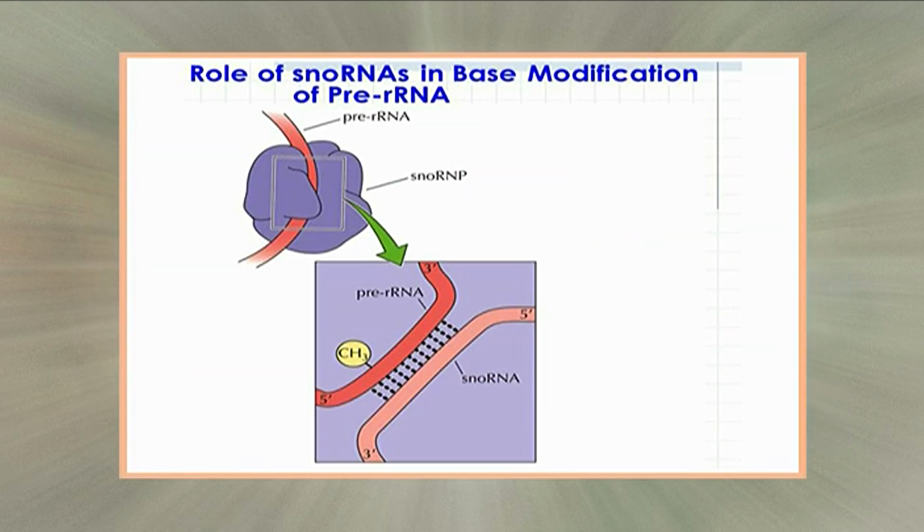Nucleoli contain more than 300 proteins and a large number of small nucleolar RNAs, also called snoRNAs, that function in the pre-rRNA processing. Some snoRNAs are responsible for the cleavage of pre-rRNA into 18S, 5.8S and 28S products.